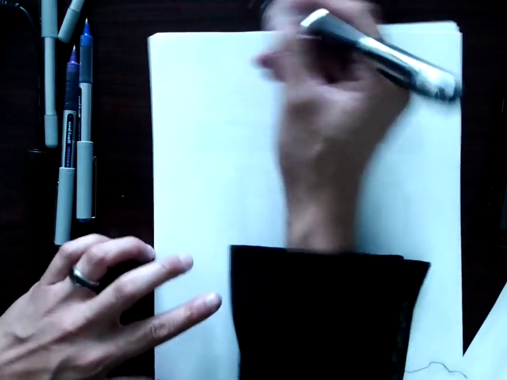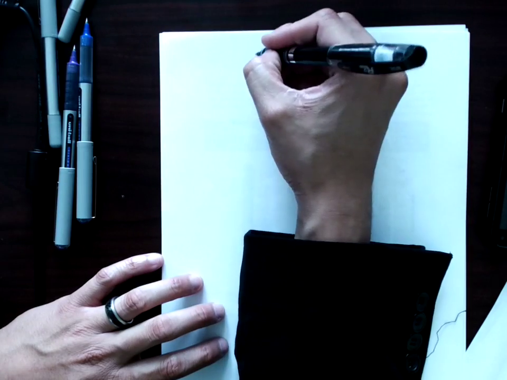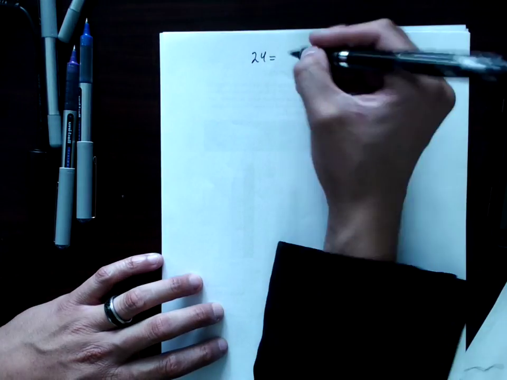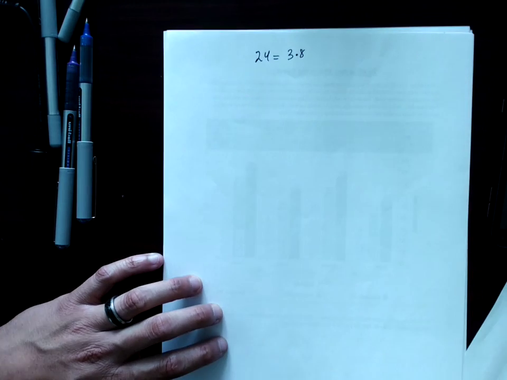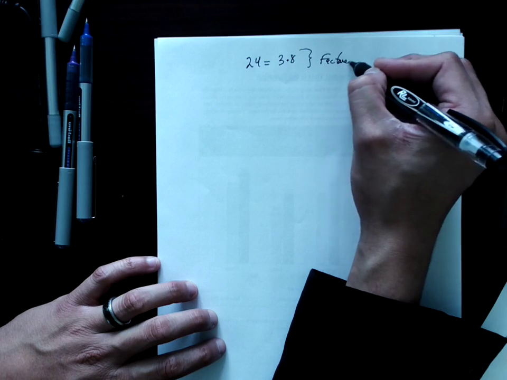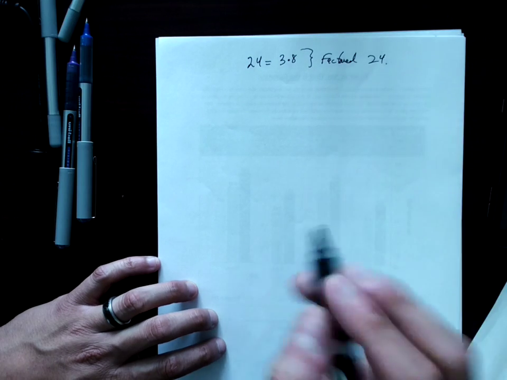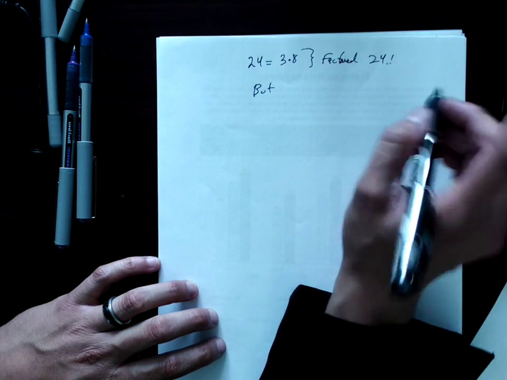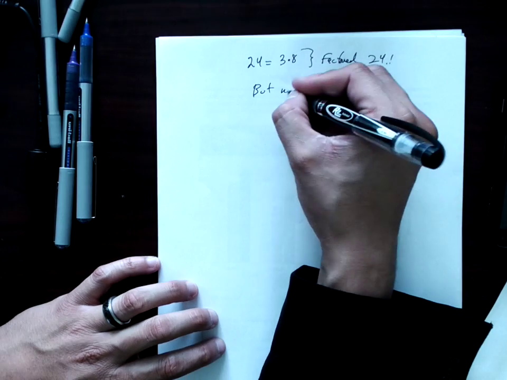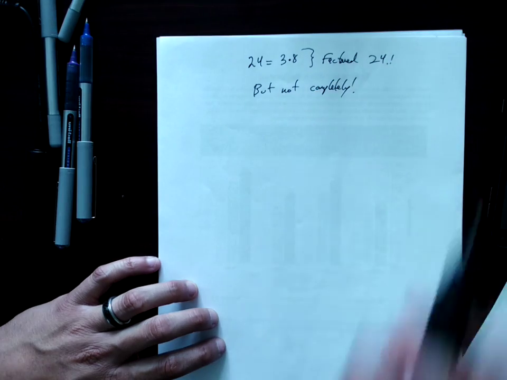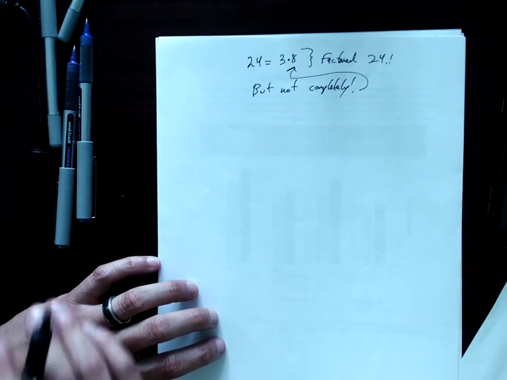For example, if I have the number 24, 24 is 3 times 8, right? I have factored 24, but not completely. Why? Because the number 8 can be factored more.